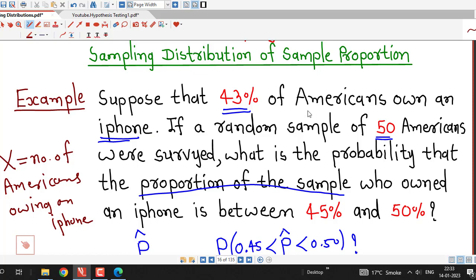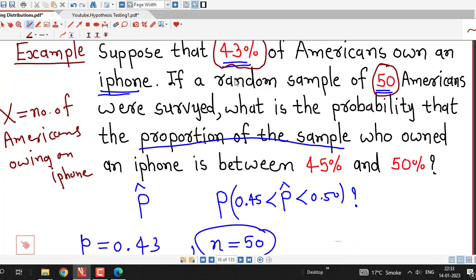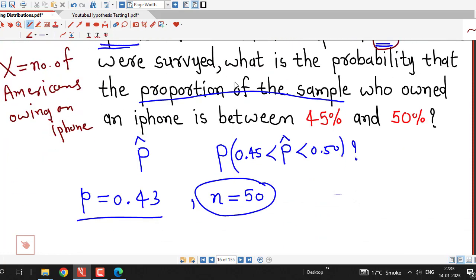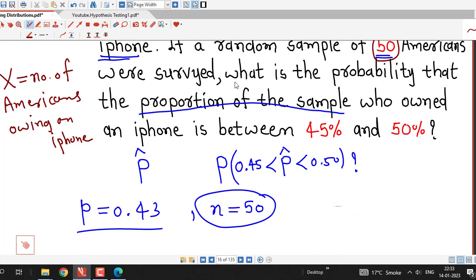For each American there are only two possibilities: either he or she owns an iPhone or does not. We are considering a finite sample size of 50, and we can assume that all 50 persons are independent, and the probability of having an iPhone is 0.43, constant for each person. So capital X satisfies the conditions of a binomial distribution.